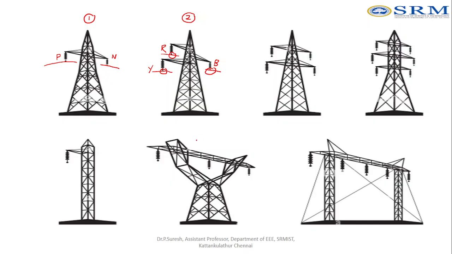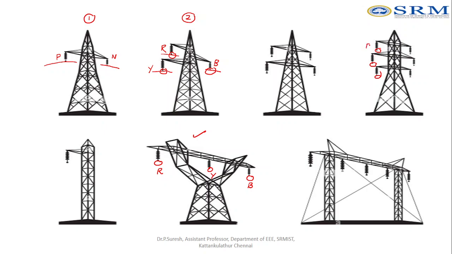And also we can see this case. If we take this case, this is R phase, Y phase, and B phase. This is also called an unsymmetrical system because the distances between the conductors are differing. Okay, and we can see here, this is R conductor, Y conductor, B conductor.